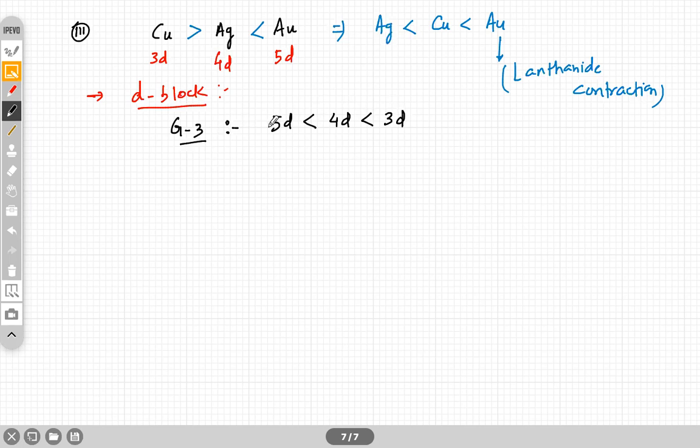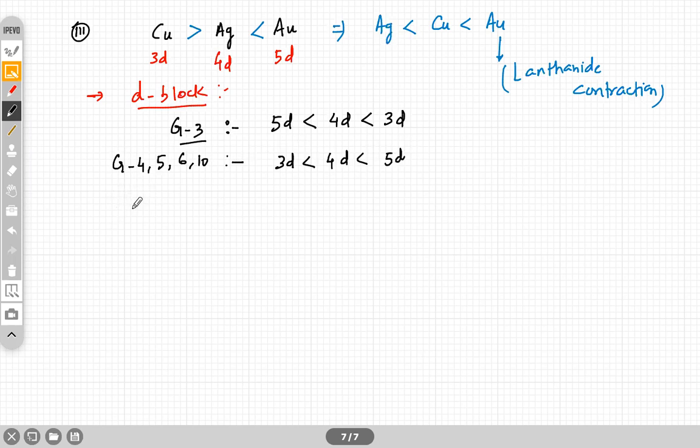That is the order of ionization energy. If you have groups 4, 5, 6, and 10, the order is 3D series has minimum, then 4D, and 5D has maximum here.